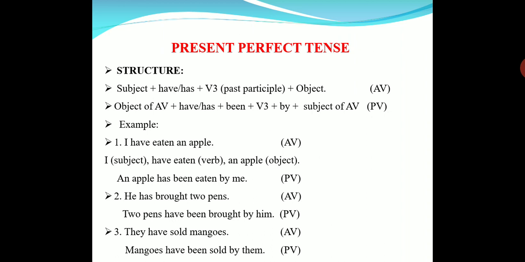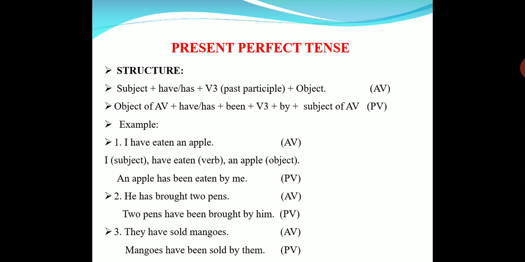Okay, let us see one more example. They have sold mangoes. Subject, they. Have sold, verb. What is the main verb here? Sell. And the third form, V3 form, is sold.